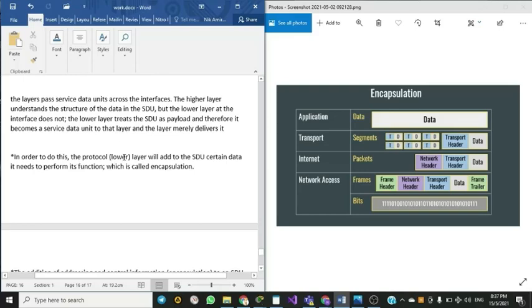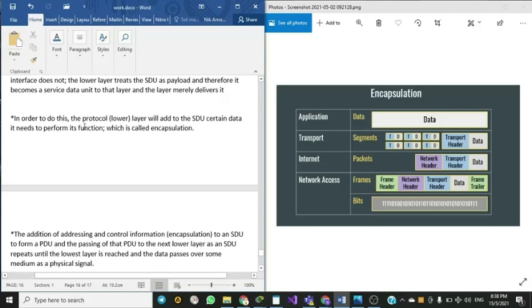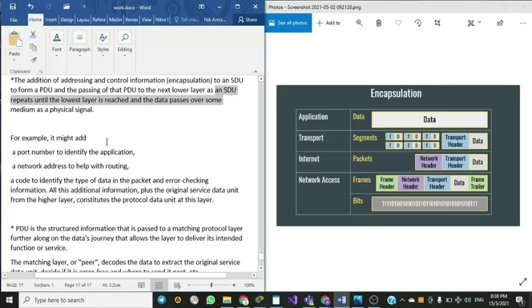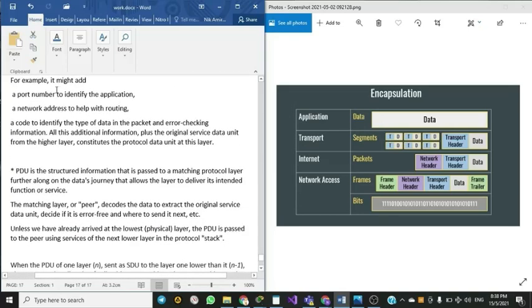In order to do this, the lower layer protocol adds its own control data to the SDU for its function, which is called encapsulation. This is the addition of addressing and control information to the SDU to form a PDU, and the passing of that PDU to the next lower layer as an SDU, repeating until the lowest layer is switched onto some medium as a physical signal. So they repeat this until they find a medium to transfer it on.